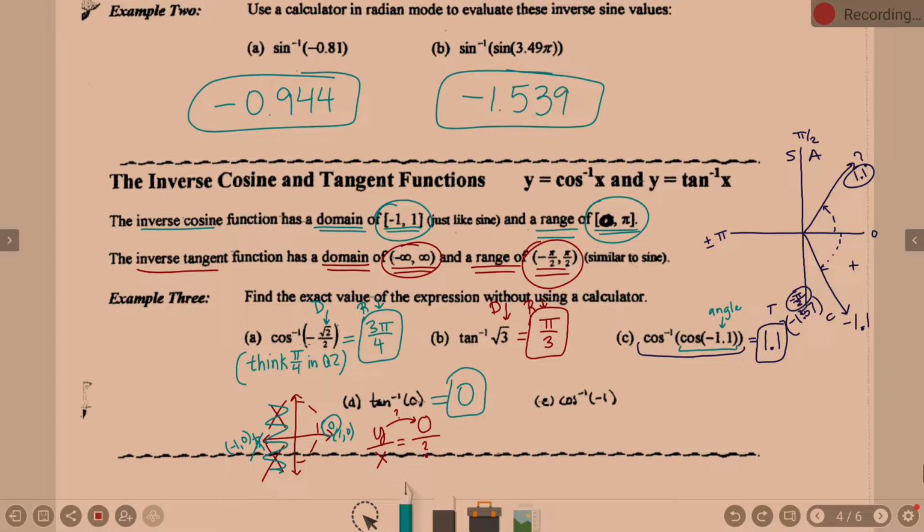Cosine inverse of negative 1. Is this an okay domain? My domain is negative 1 to 1, endpoints included, so yes. At what angle does cosine equal negative 1?